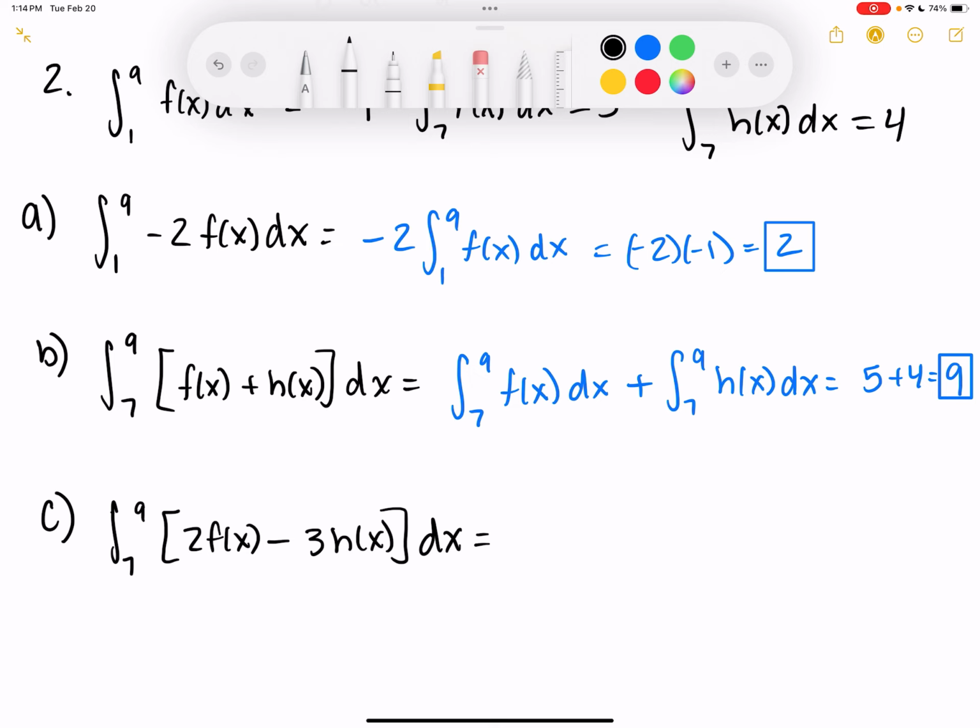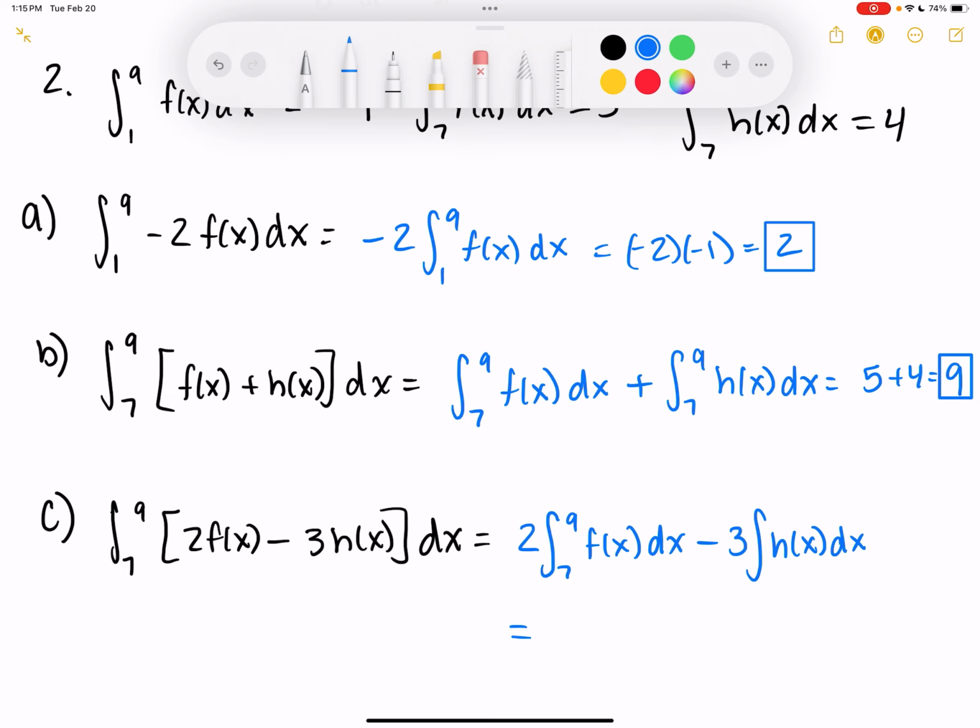So just to not have to write so much, I'm going to do this in one step. I'm going to pull the 2 out and the 3 out. So I'm going to do what I did in the last step, but I'm going to have a number out front, basically. So this is just going to be 2 times the integral from 7 to 9 of f of x dx, minus 3 times the integral of h of x dx.